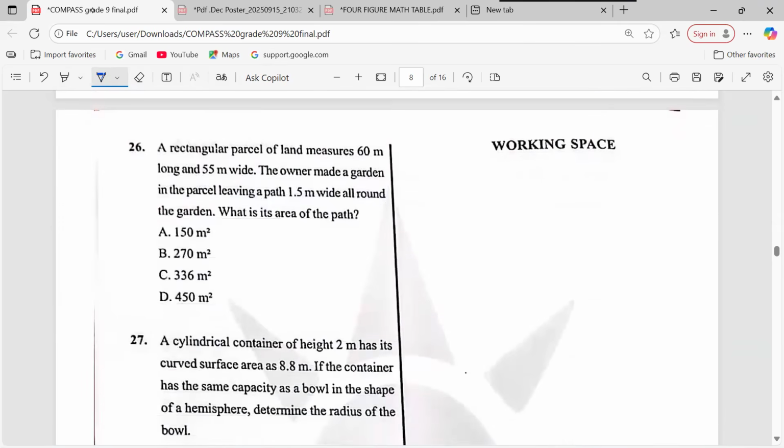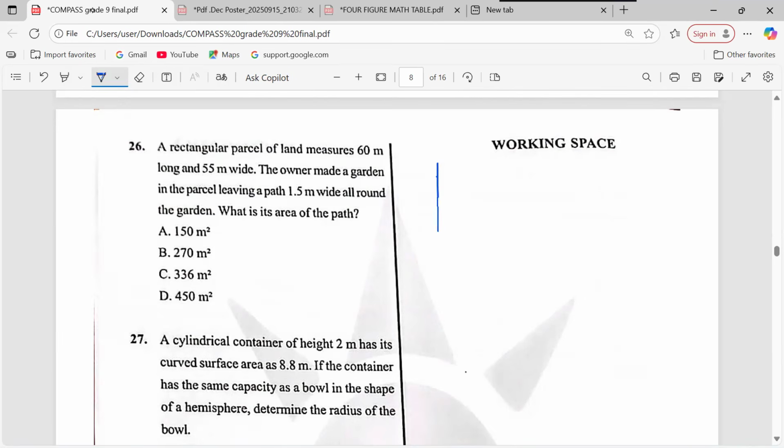Looking at number 26 now. A rectangular parcel of land, 60 meters by 55 meters. The owner of the parcel made a garden, leaving a path 1.5 meters wide around the garden. What is the area of the path? So look at this.